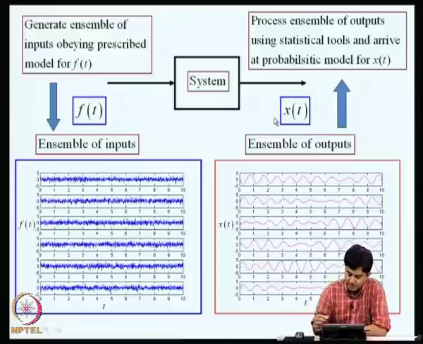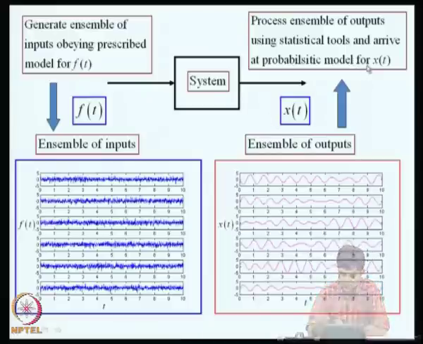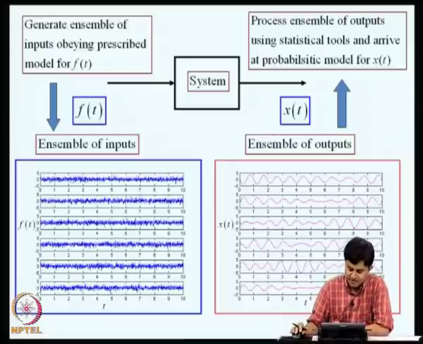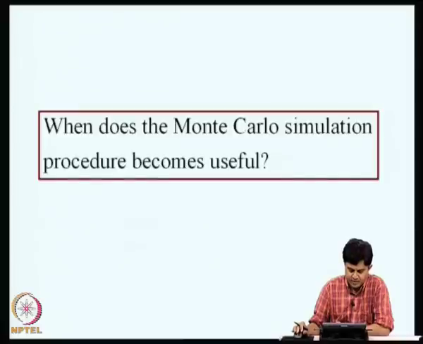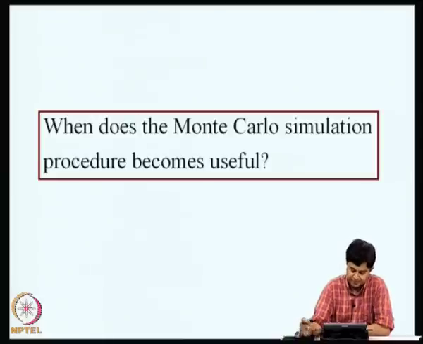We have also discussed how to characterize estimates of different properties of x of t, and the properties of these estimators and sampling distributions. Now, let us proceed. First, at the outset, we will ask when the Monte Carlo simulation procedure becomes useful.